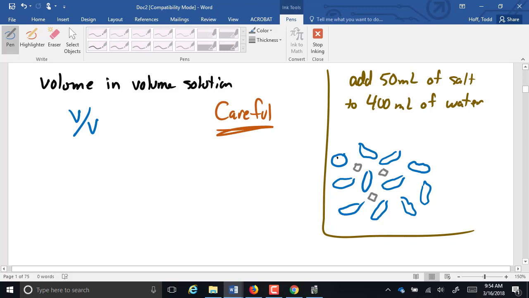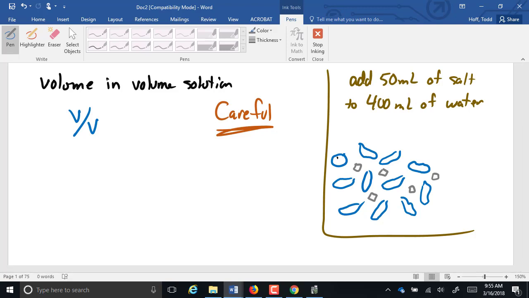The mass of the salt and the mass of the water have to add up. Mass is always conserved. It's always additive, but volume is not necessarily so. So the salt can hide in there. If that were 50 milligrams and 400 milligrams, it has to be 450 milligrams. The weight can't hide, because even though the salt's hiding in those spaces, the weight of the salt is still there.